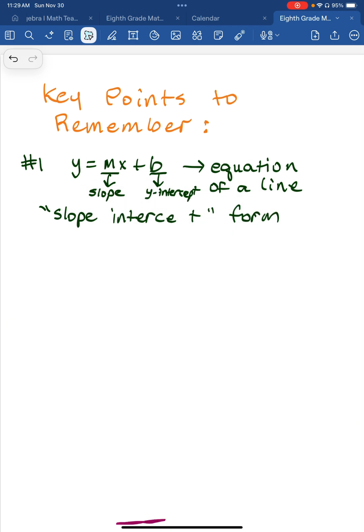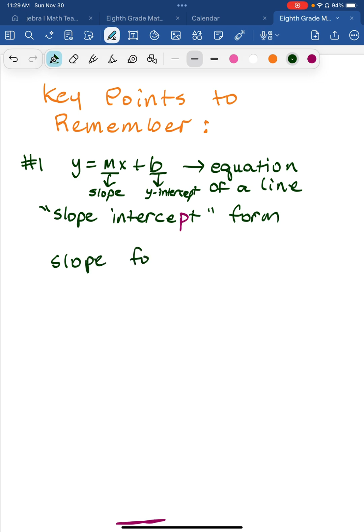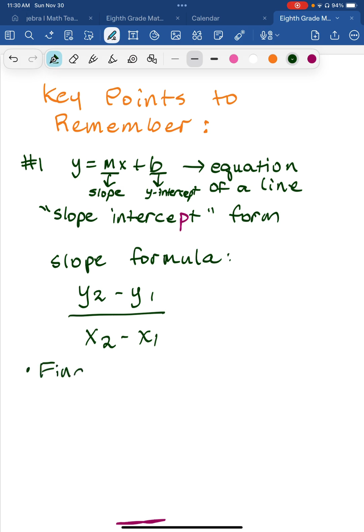Okay, so one more thing that you will have on your reference sheet is the slope formula: y2 minus y1 over x2 minus x1.